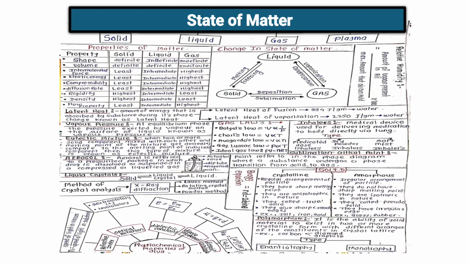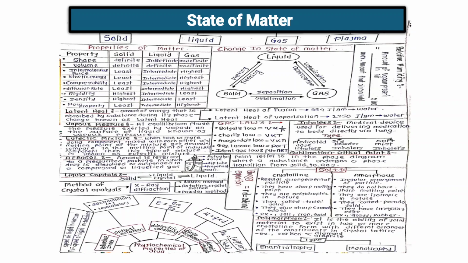So in competitive examinations, you need to prepare your notes. Properties of matter, changes in state of matter. Sublimation, in which a solid is converted into gas without turning to liquid. And deposition, gas converted into solid.